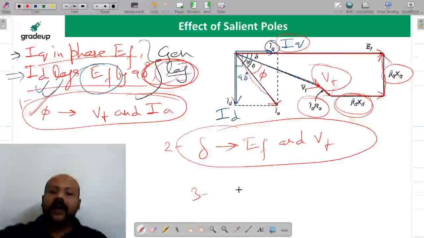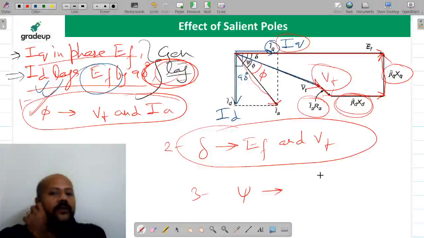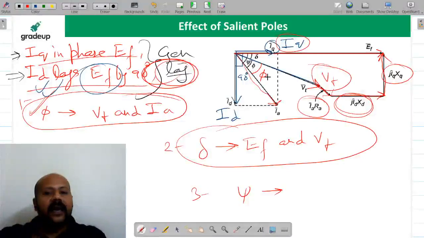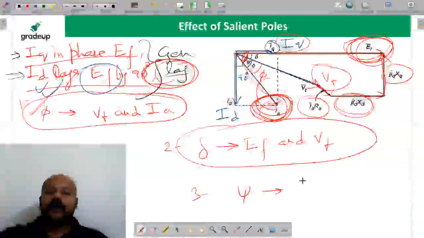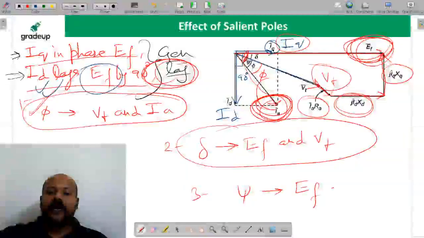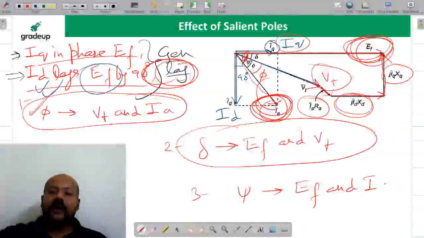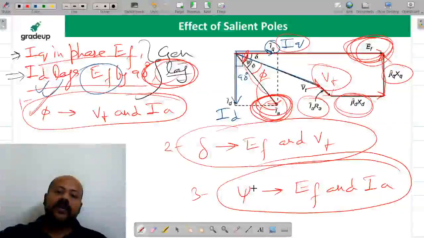And the third angle is the xi angle. This xi angle is going to be between the armature current and the excitation EMF. These three angles you have to remember.